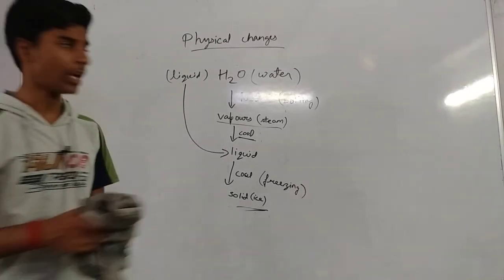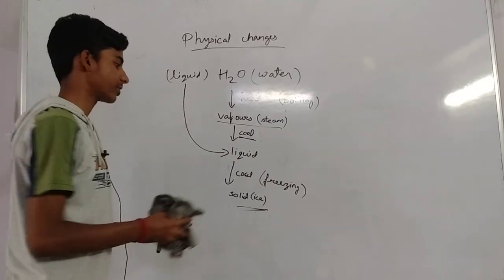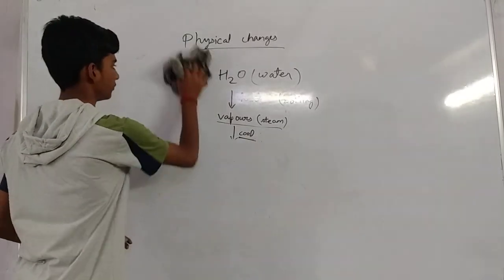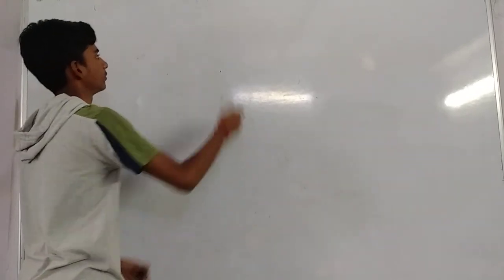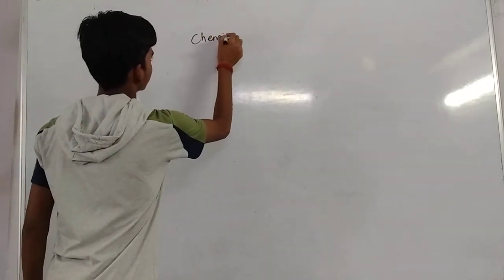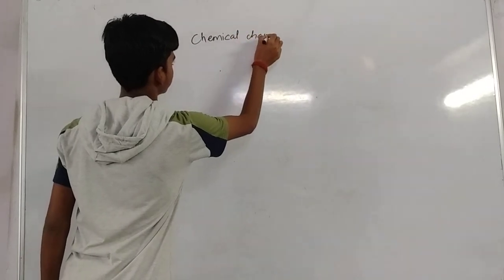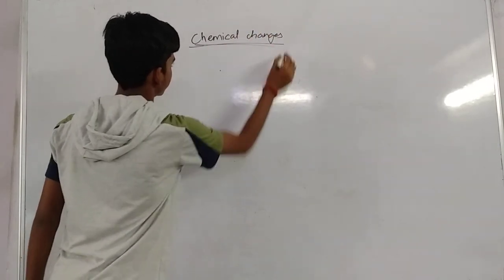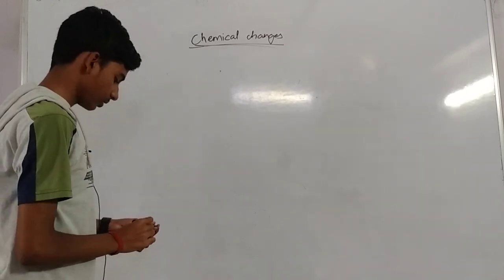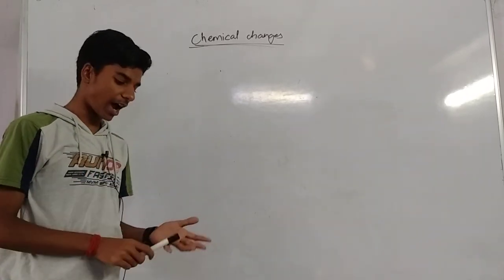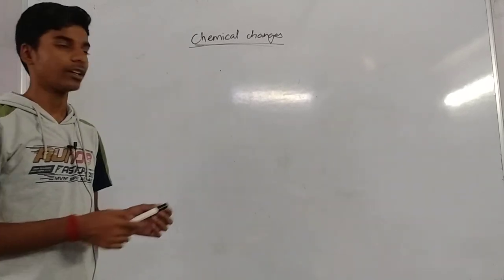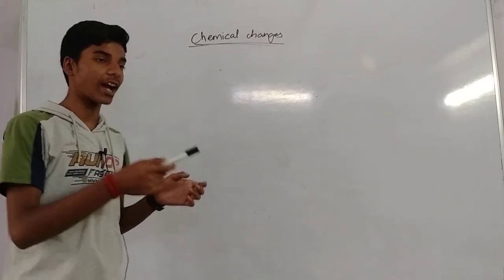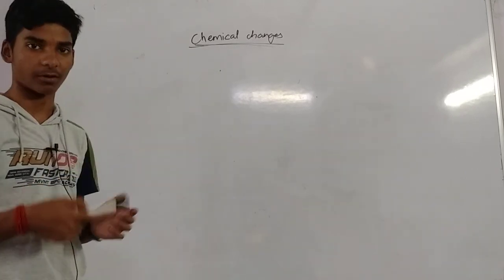Okay. Now we will move further from physical changes to chemical changes. Chemical changes are the types of changes in which the identity, composition, color or state of matter changes to form a new compound, entirely different from the initial one that we started off from.